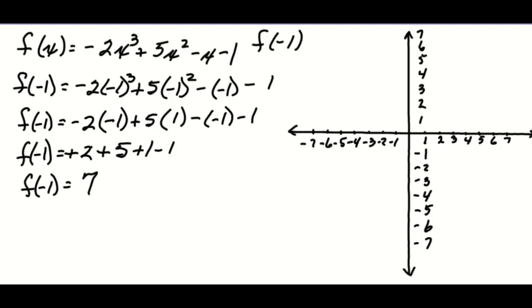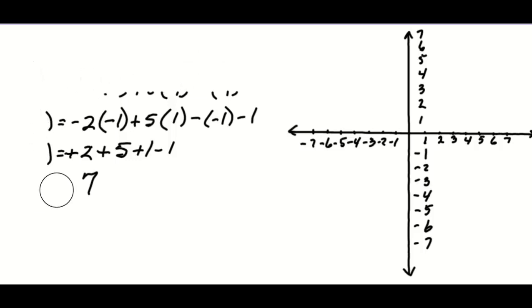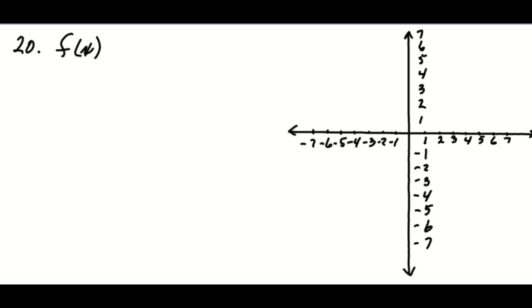Now what we want to do is take a look at how we graph a function. So we're going to drop down, and I'm going to erase this part. We're going to drop down on that same page to take a look at problem number 20. In 20, what we have is a function of x is equal to negative 3x plus 8.